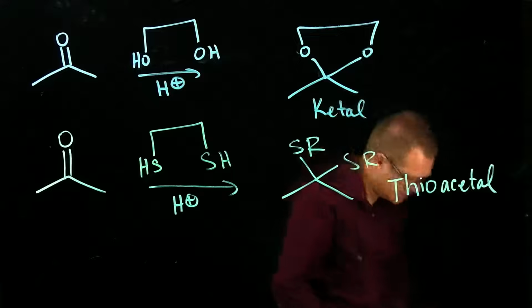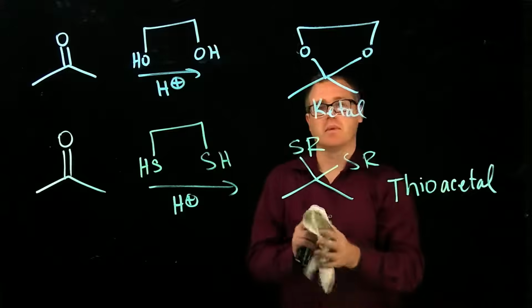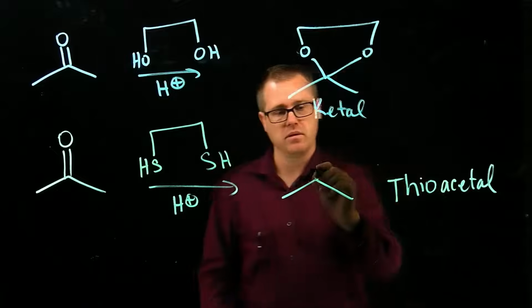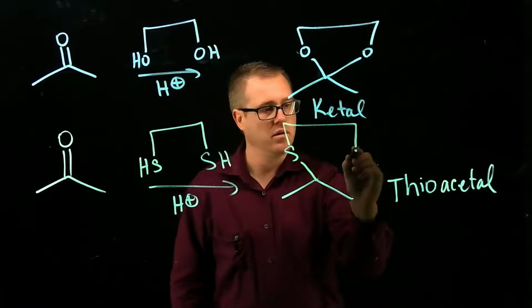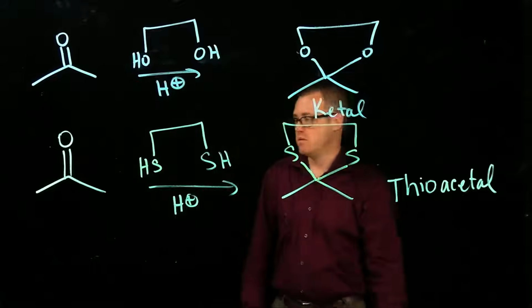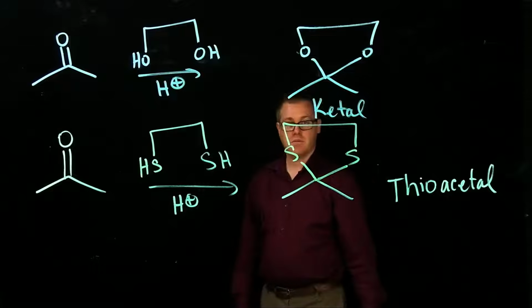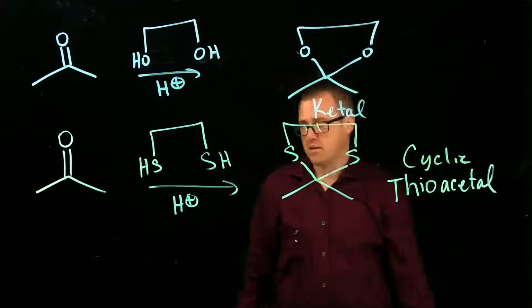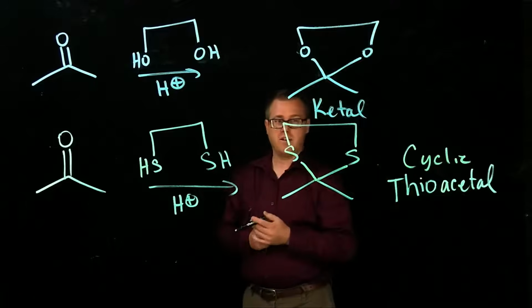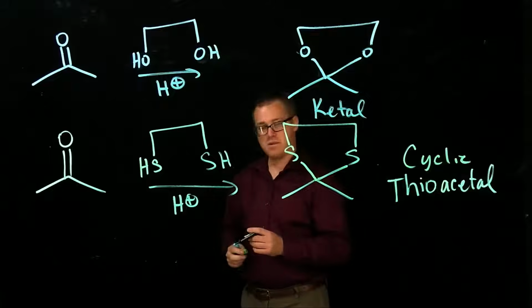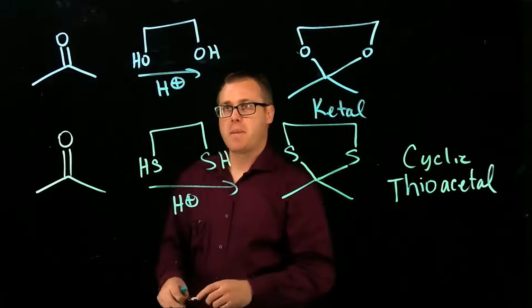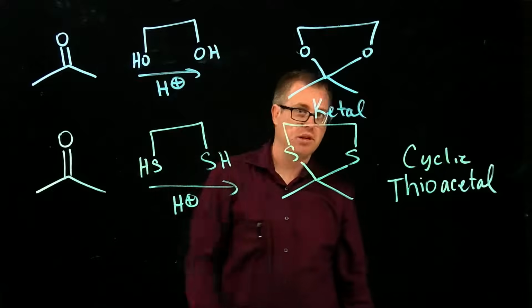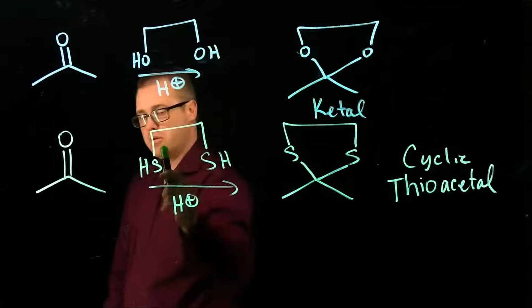What do you think the product's going to be? There we go. We would call that a cyclic thioacetal. Pretty straightforward. What's the mechanism for this reaction in green? The same one as in blue. You're just replacing the O's with the sulfur.